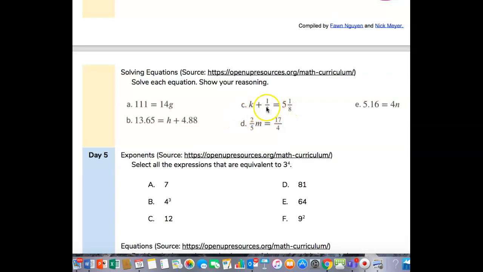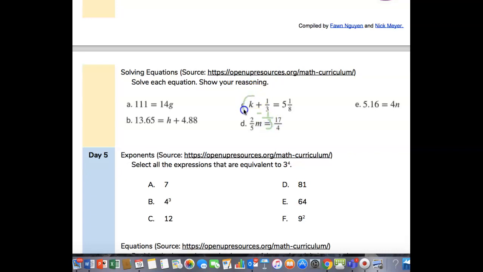For instance, you have to get k by itself, and this is plus 1/3. So to get rid of this 1/3, we have to subtract 1/3. Well, that's not very dark, is it?